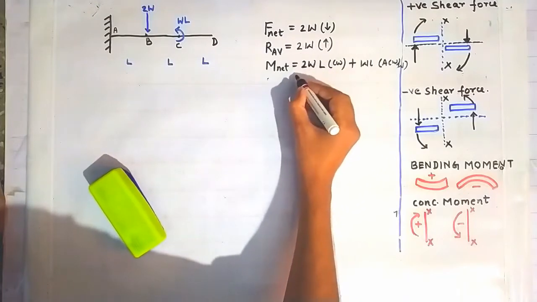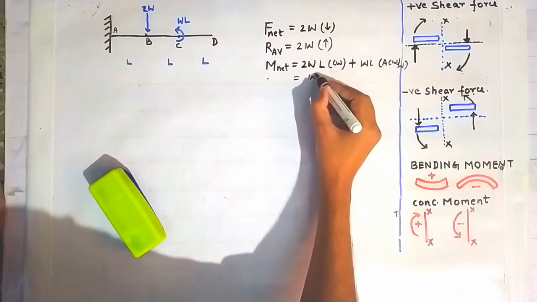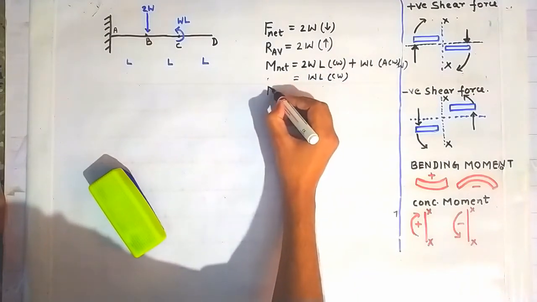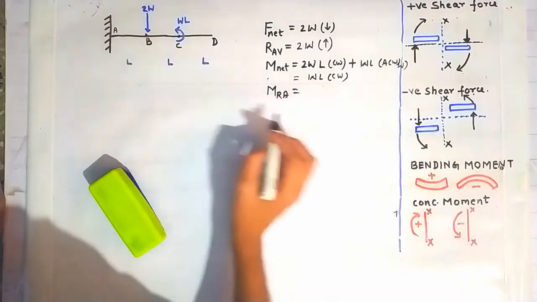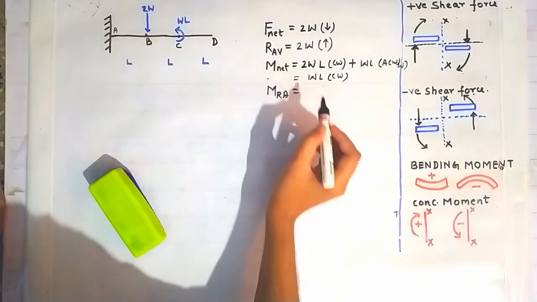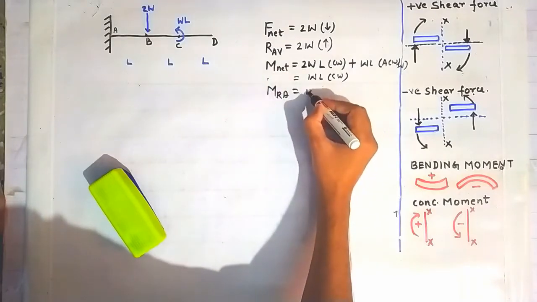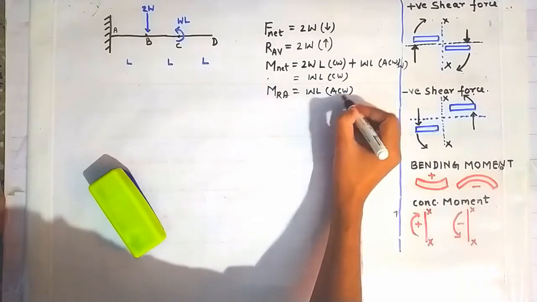Because this 2WL will cancel out with WL to give only WL in clockwise direction. So the reaction moment at point A will be equal to the M net, that is the net moment acting at the point A, and its direction will be opposite to that of the net moment, so it will go in the anti-clockwise direction.